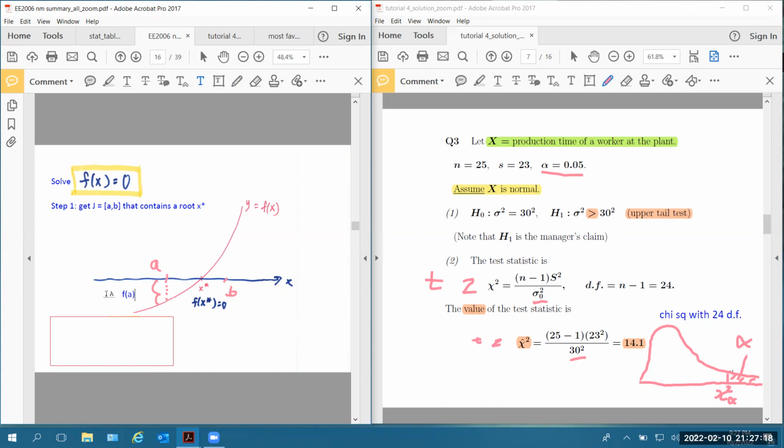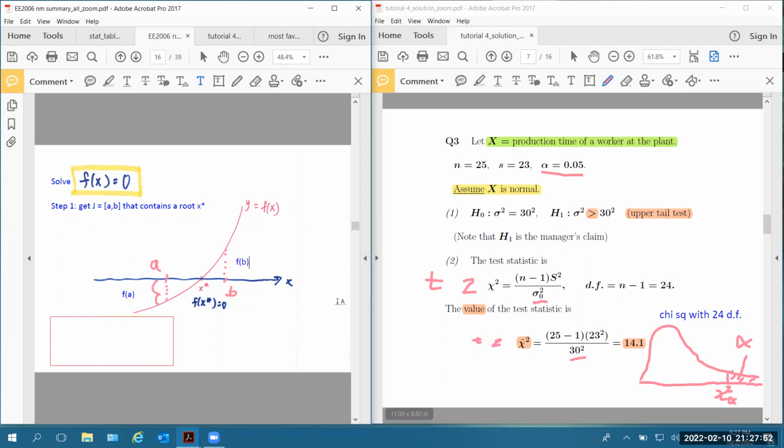Likewise, from point B, if I put a line up, it touches the curve, right? So the distance from here to this point is also the y coordinate. So this is f(B). Everybody okay or not? So this is the distance f(B), this is the distance f(A).